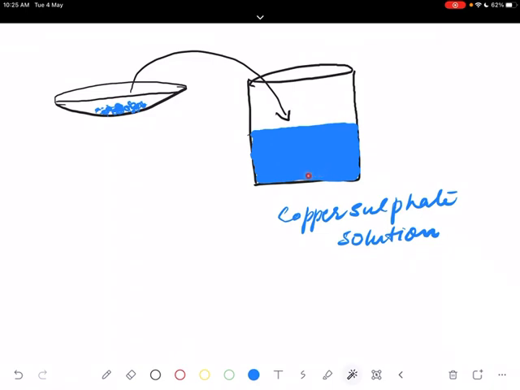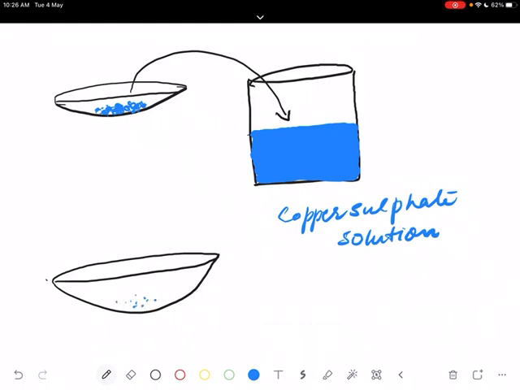And in your textbook, it is also said to take a mixture of copper sulfate and common salt. So this is copper sulfate and salt.